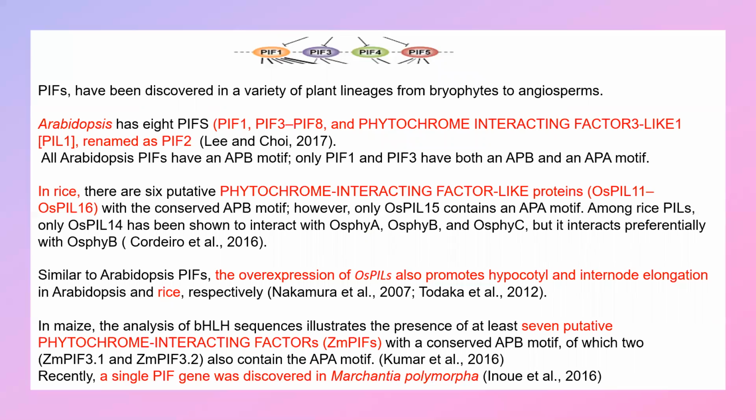In rice, there are 6 phytochrome interacting factor like proteins with the conserved APB motif. In case of Arabidopsis PIFs, the overexpression of PILs also promotes hypocotyl and internode elongation. In case of maize, 7 phytochrome interacting factors are there.